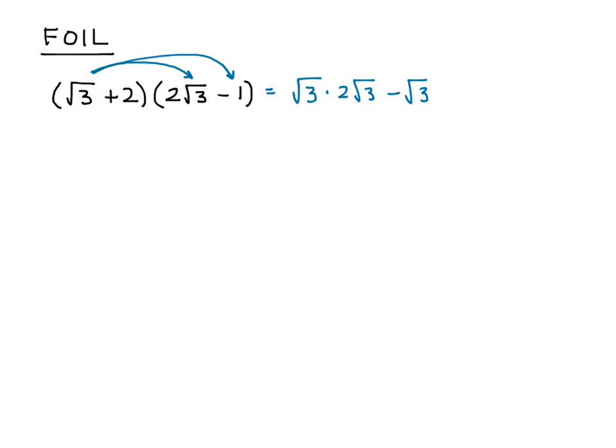So that is going to be 3 times 2 radical 3 minus square root of 3. So square root of 3 times negative 1 is this negative square root of 3. And then we do the inside and the last, and we get 2 times 2 square root of 3 minus 2.